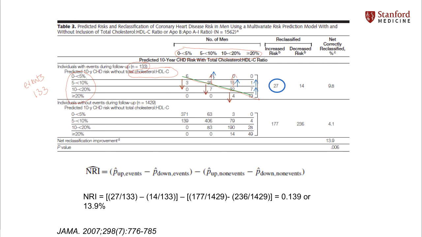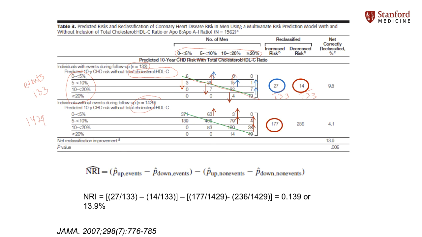The model also put some people down that it shouldn't, but that was only 14 of them. Our total N here was 133. So if you were to subtract, the net correctly reclassified turns out to be a percentage of 9.8%. And if you look at those who did not have events, that's 1429 without events, you want them to go down and not up.